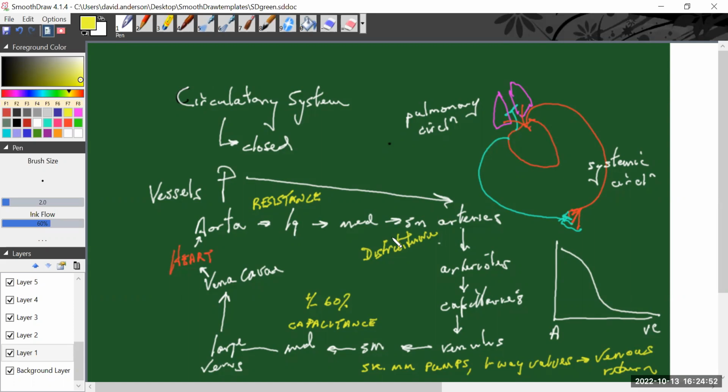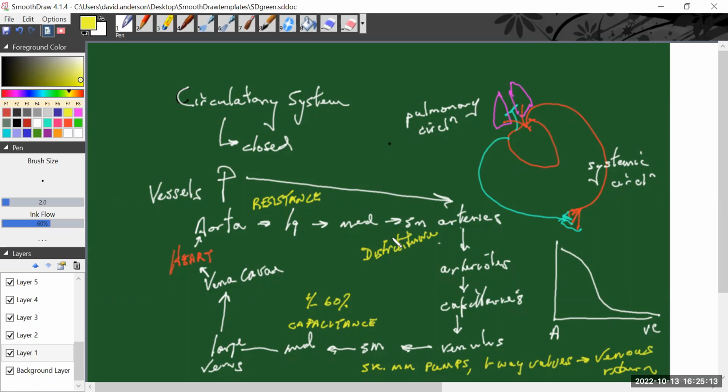When we look at distributive vessels, they're the ones that are going to spread the distribution of blood to the different parts of the body, and they're the ones that are under more direct control by the sympathetic division of the autonomic nervous system to either vasodilate or vasoconstrict to direct blood to the areas we need it most.